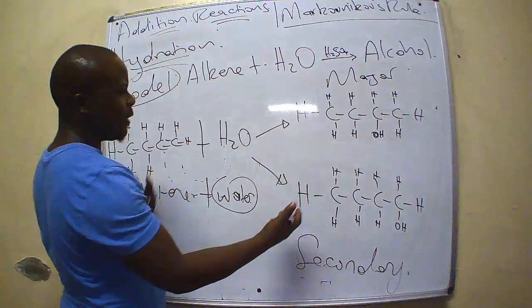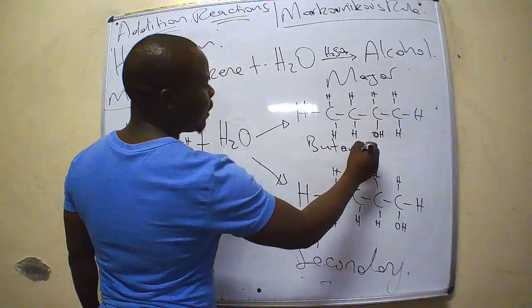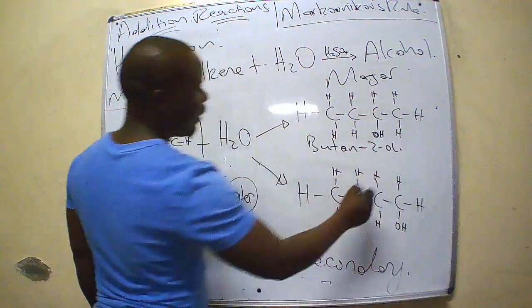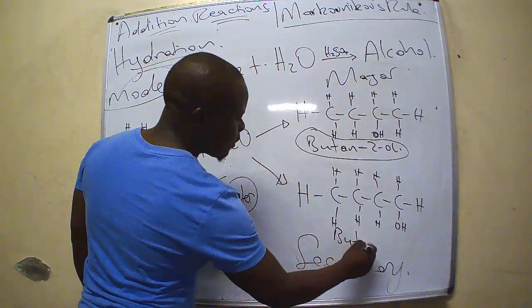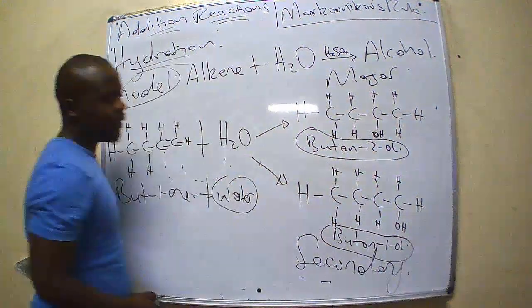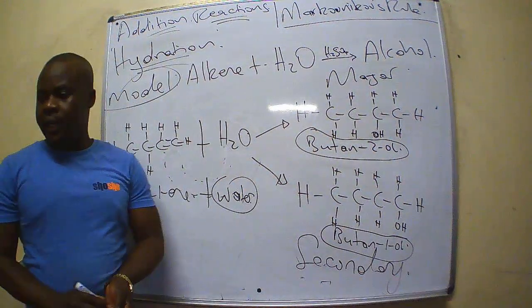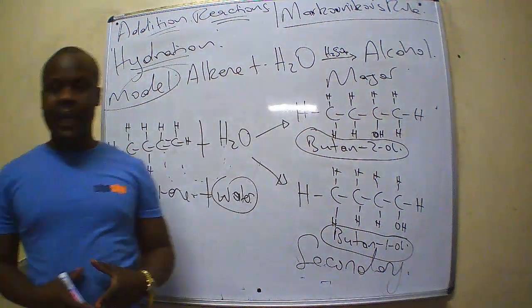As we have seen, the major product is butanol 2. Butanol 2 is formed, and butanol 1 becomes the secondary product. Here is how we make a major product and a secondary product.